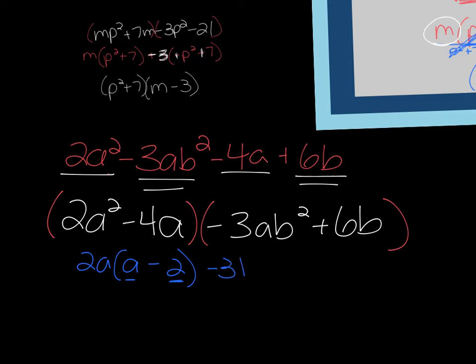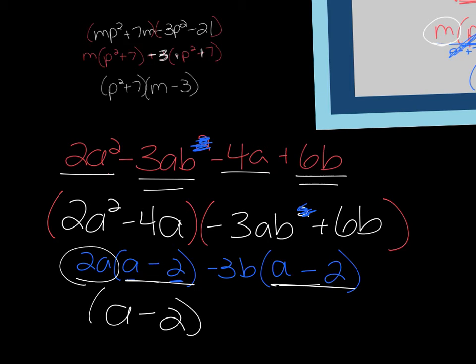So take out a negative 3b, and I would just get a minus 2. This should not be squared. Now what's inside the parentheses is the same. Third times term. And I would group together what's left.